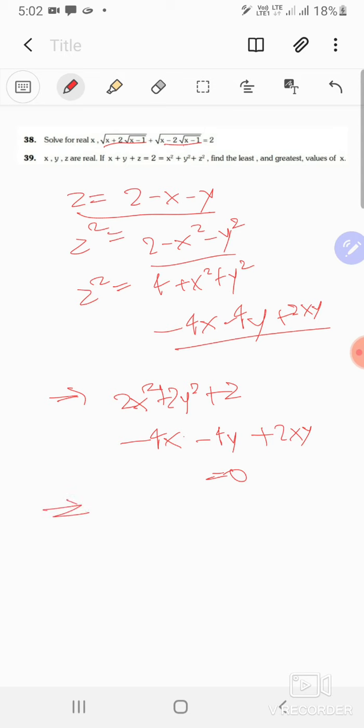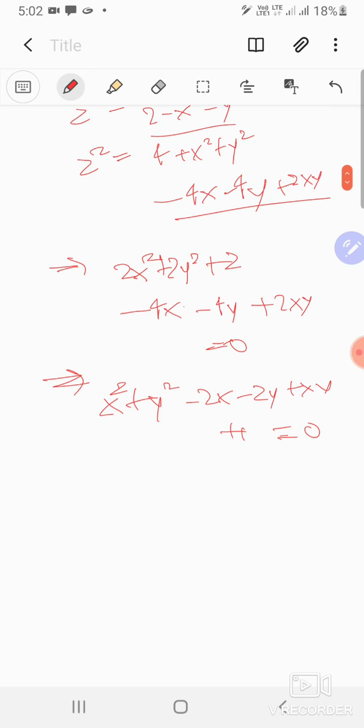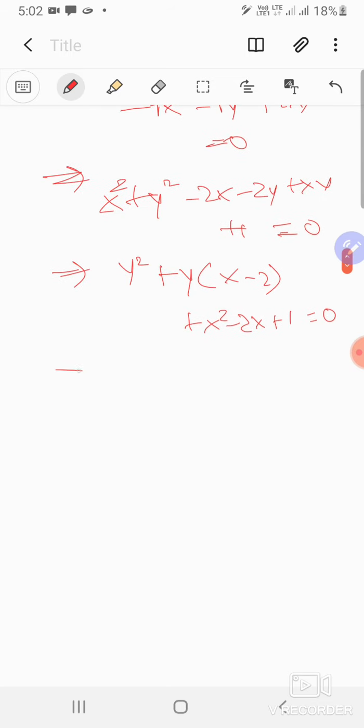No problem. Gives me x squared plus y squared minus 2x minus 2y plus xy plus 1 is supposed to be equal to 0. So now let's make a quadratic in y with this. So y squared plus y times (x minus 2), plus x squared minus 2x plus 1 is supposed to be equal to 0.